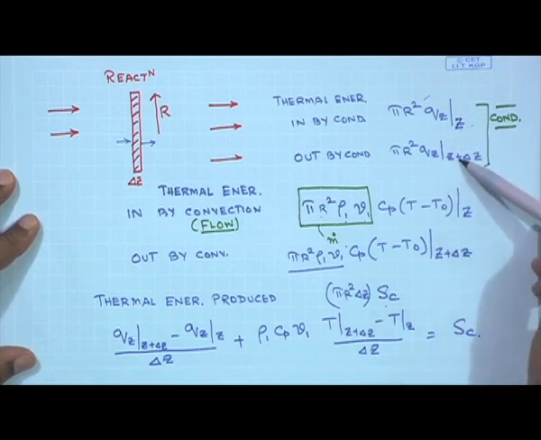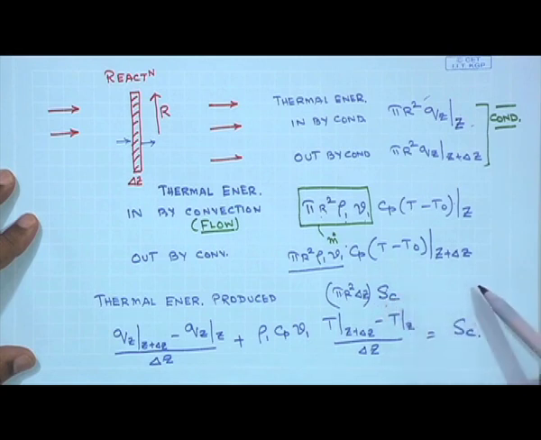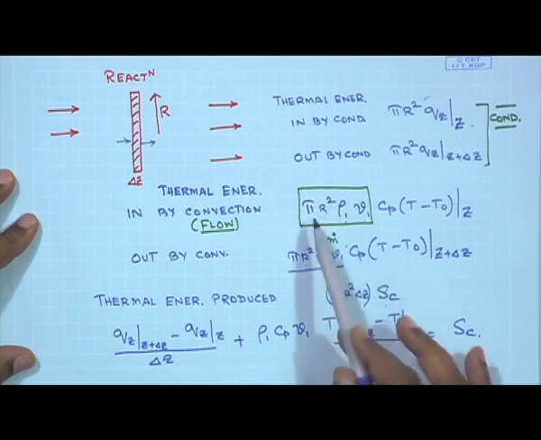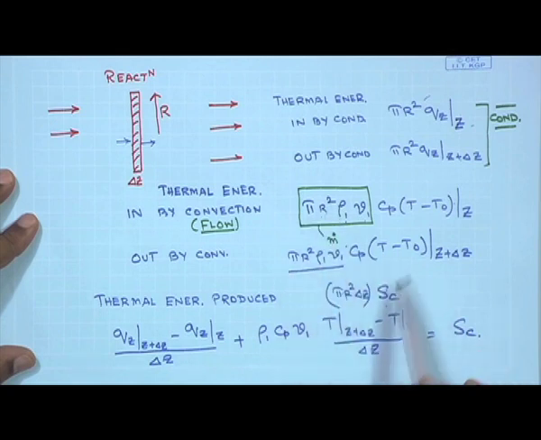So, in minus out plus generation at steady state would be equal to 0. Rearrange the terms, cancel these pi r square terms, divide both sides by delta Z, and this is the equation which you are going to get.